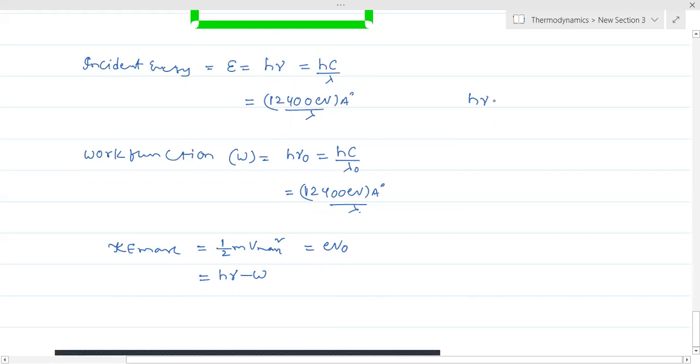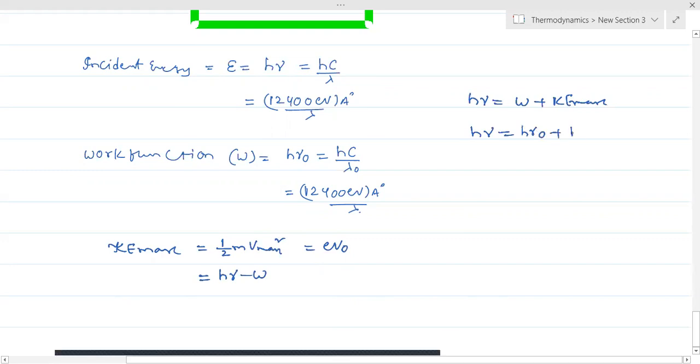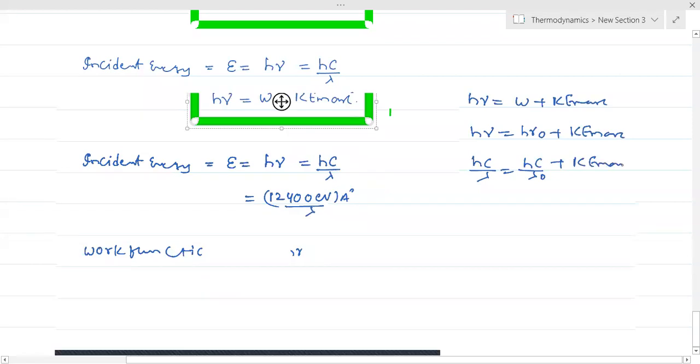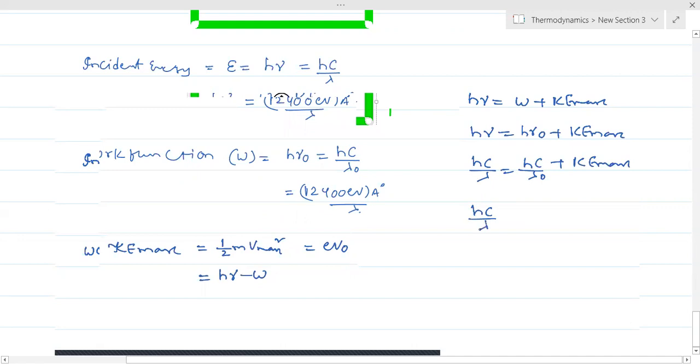So I'm writing some simple forms. h nu equals W plus Ke maximum, or h nu equals h nu naught plus Ke maximum, or hc by lambda equals hc by lambda naught plus Ke maximum, and hc by lambda equals hc by lambda naught plus eV naught, depending on the need.